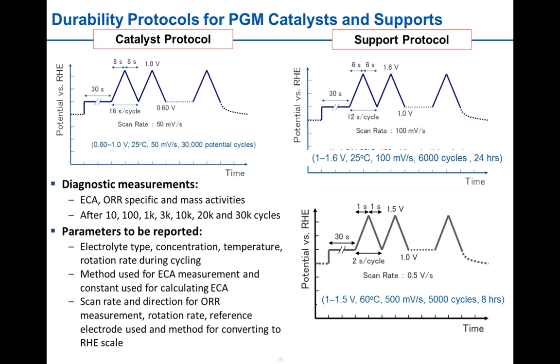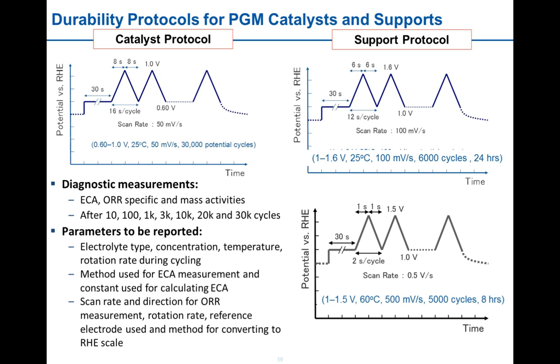And this protocol then only takes 8 hours to achieve the same degradation that you see at 24 hours for the upper right support protocol. So during these measurements, we recommend that you determine the electrochemically active surface area and ORR specific and mass activities after a specific number of cycles: 10, 100, 1,000, 3,000, 10,000, 20,000, and 30,000 cycles.